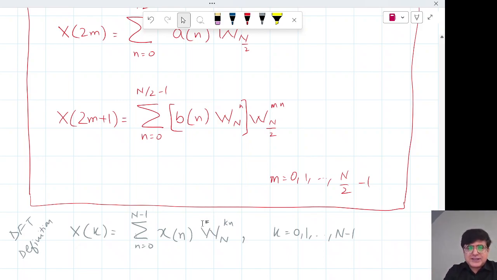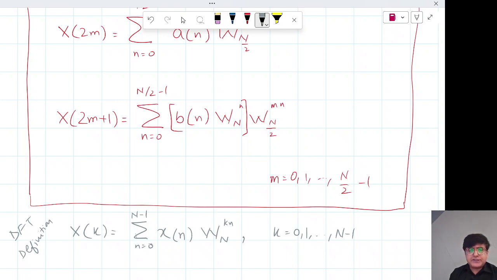So, this sequence x of n is of length capital N long. Is this clear? Okay. So, then what do you have here? You have the sum over all these points, and you are summing the product, the sequence values times w subscript N to the power kn. So, what is k? K is just the index for the DFT coefficient, that is it.